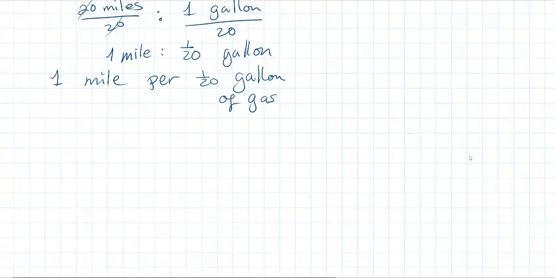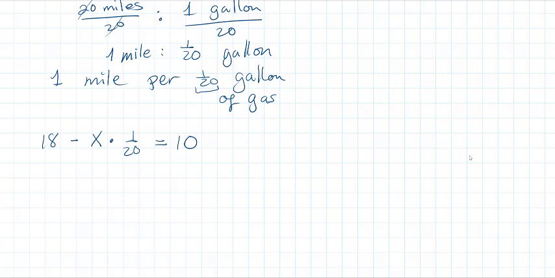So we started with 18, minus the number of miles we took, times the amount of gas we used per each mile. That is exactly 1 over 20, right? That should equal the remainder, which is 10 gallons.